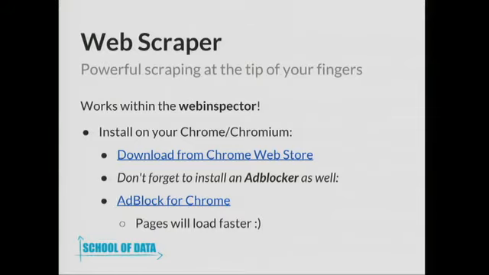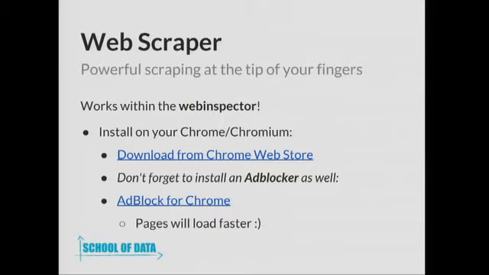It works within the web inspector that I showed at the beginning, and you should install it on your Chrome or your Chromium, depending on the version that you're using. Just click on the download from the Chrome Web Store and install the extension on your browser right now. It's only compatible with Chrome or Chromium, the open source version of Chrome.